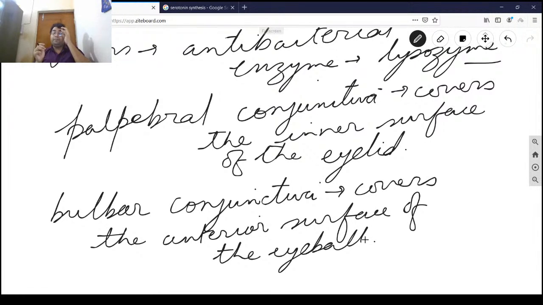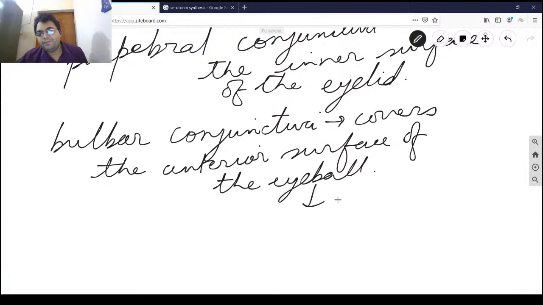Where these two conjunctivae meet upside, there you have an area known as the fornix. Where these two conjunctivae meet.